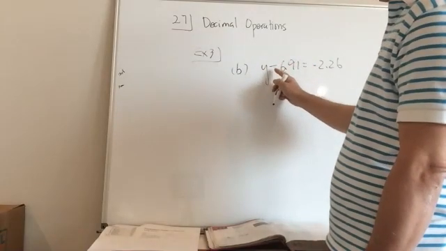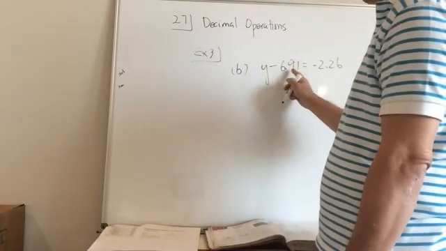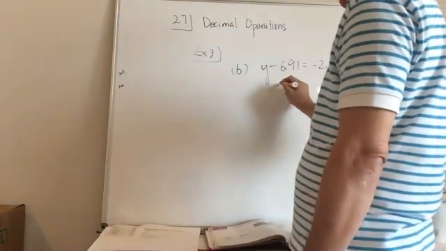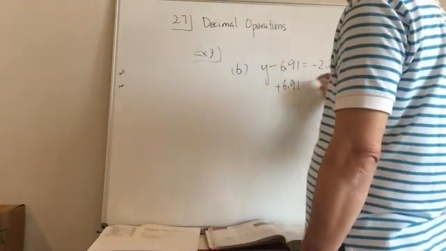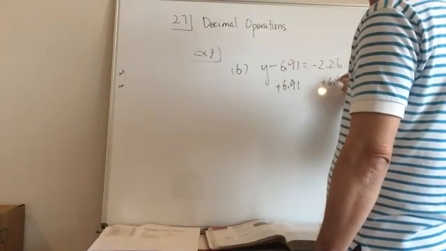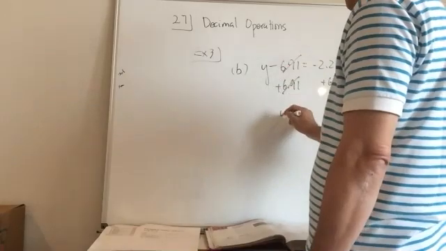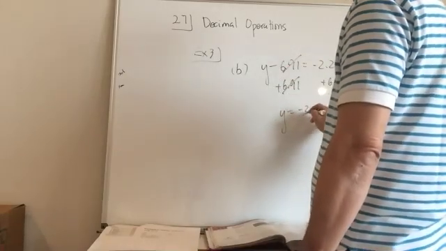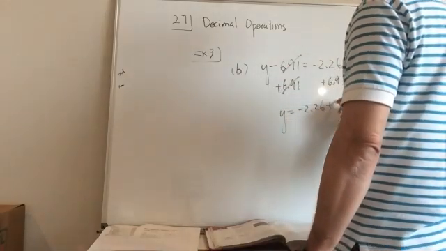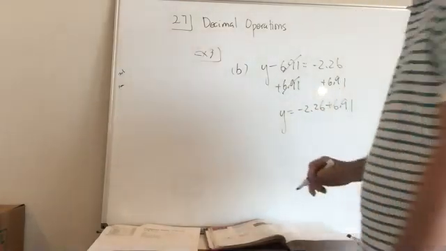Since this is a minus 6.91, I'm going to add 6.91 on both sides. I have a negative and a positive, so they cancel out. Y is equal to negative 2.26 plus 6.91.